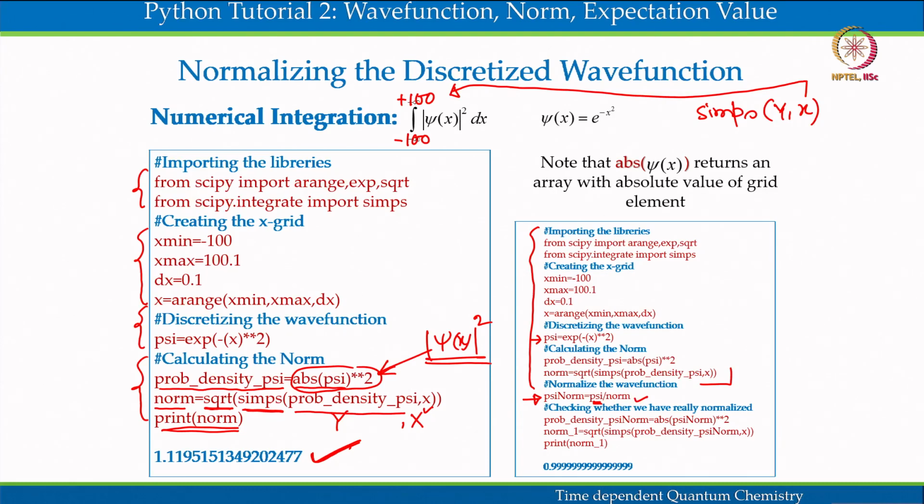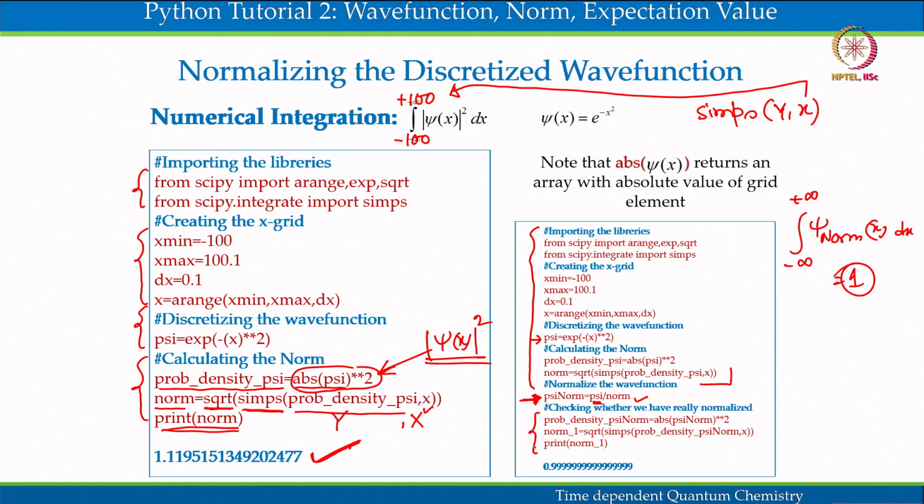I am now dividing by the norm and I should get the normalized wave function. To make sure that we have normalized it, we can always double check by taking this integration one more time. If it is a normalized wave function, then this is going to be 1. So we are doing one more time. We are taking this as a normalized wave function and checking whether we are getting norm to be 1 or not.